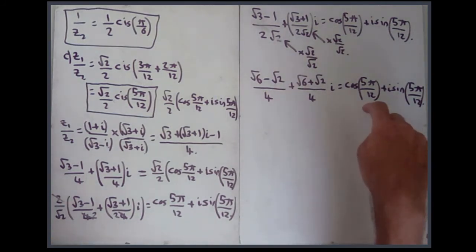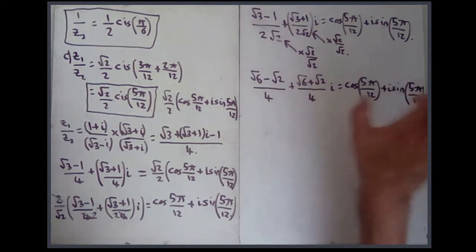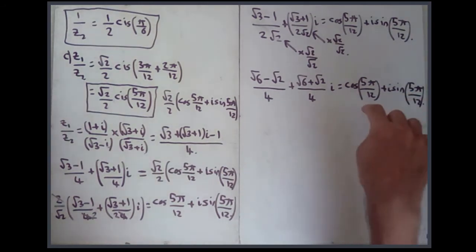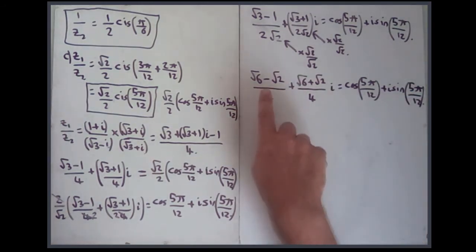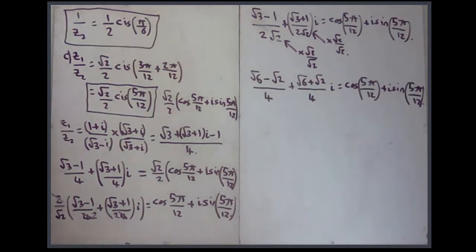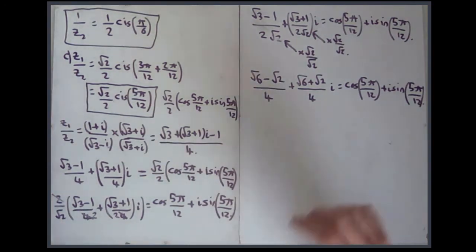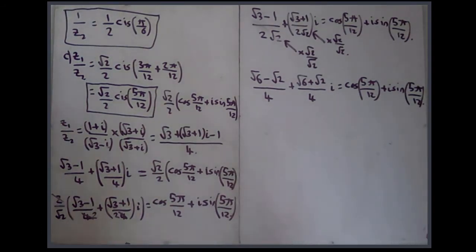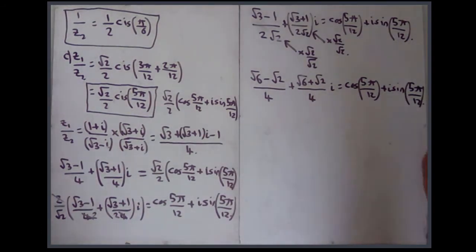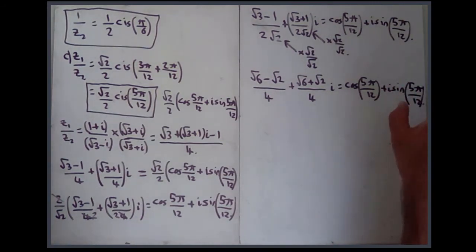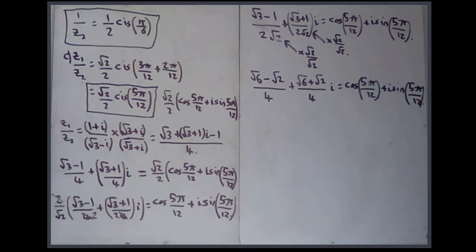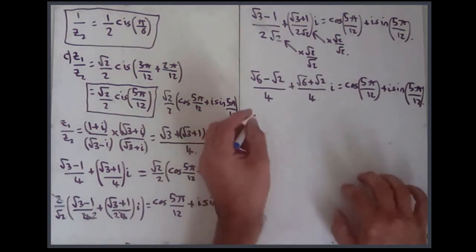So cos 5 pi by 12 is the only real part of that right hand side, so it must be exactly equal to the real part on the left hand side, which is root 6 minus root 2 over 4. And exactly the same case for the imaginary part. You have root 6 plus root 2 over 4 i equals i sine 5 pi by 12. So sine 5 pi by 12 must equal root 6 plus root 2 over 4.